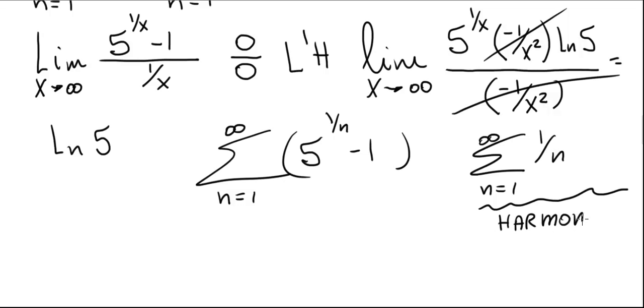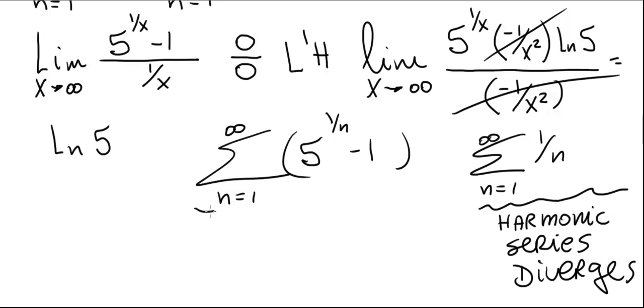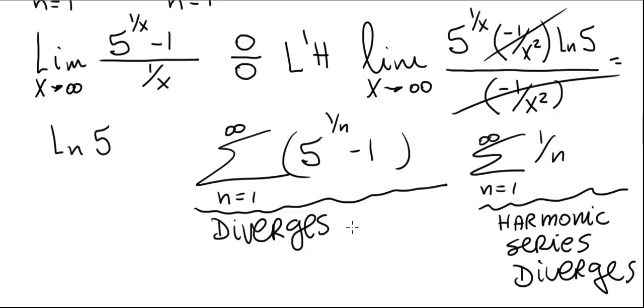This is a harmonic series, and this series diverges. And now we can conclude that the series summation 1 to infinity of 5 to the 1 over n minus 1 also diverges by the limit comparison test.